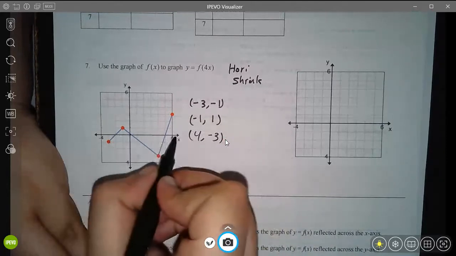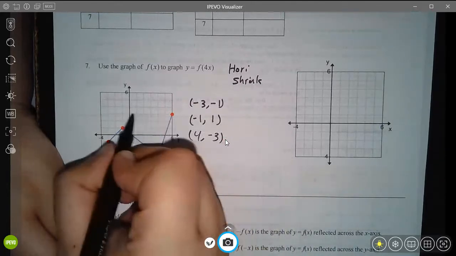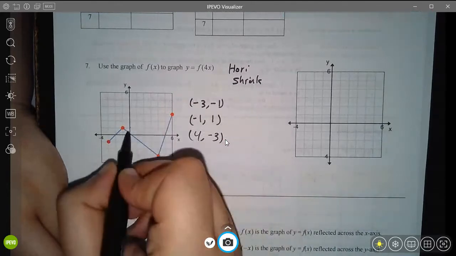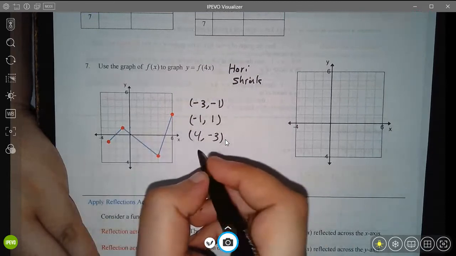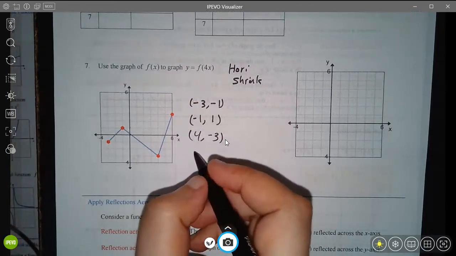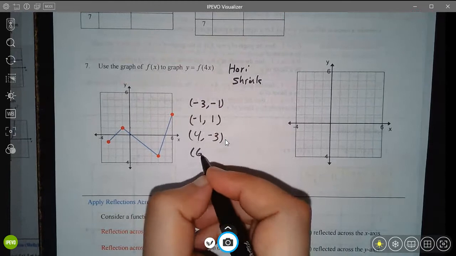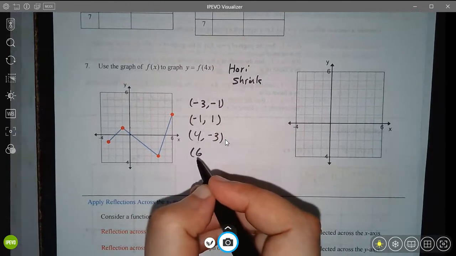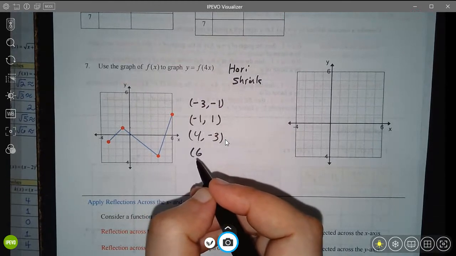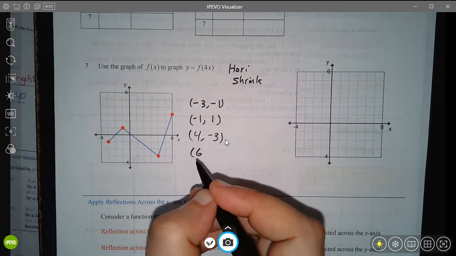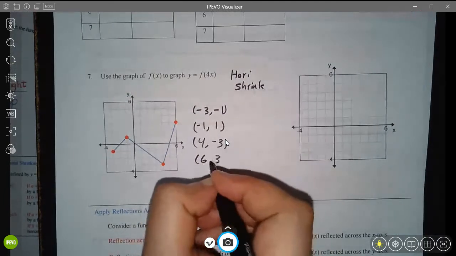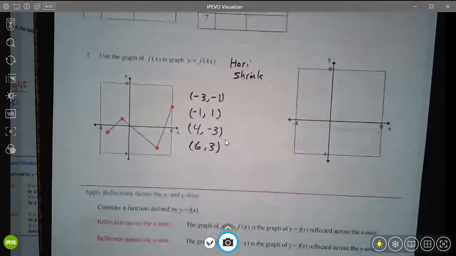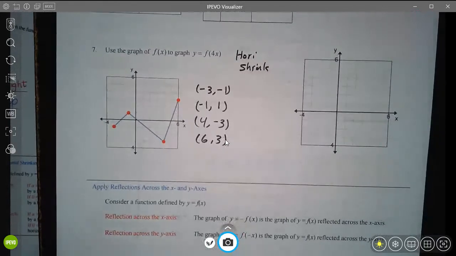And last but not least, 6 for x and 3 for y. Okay, so these are our points.